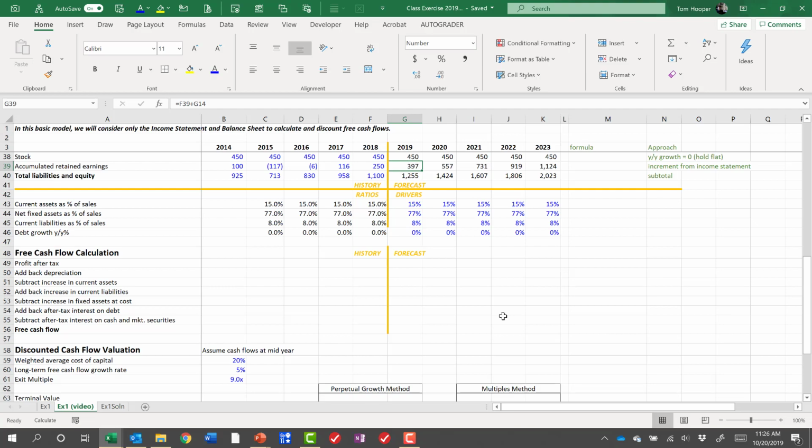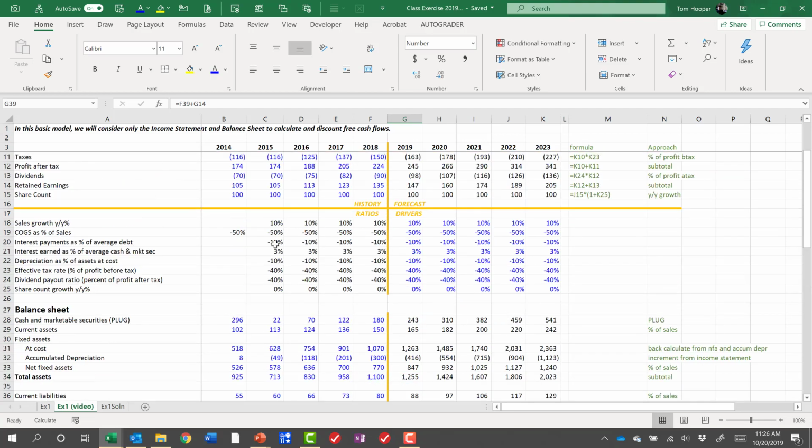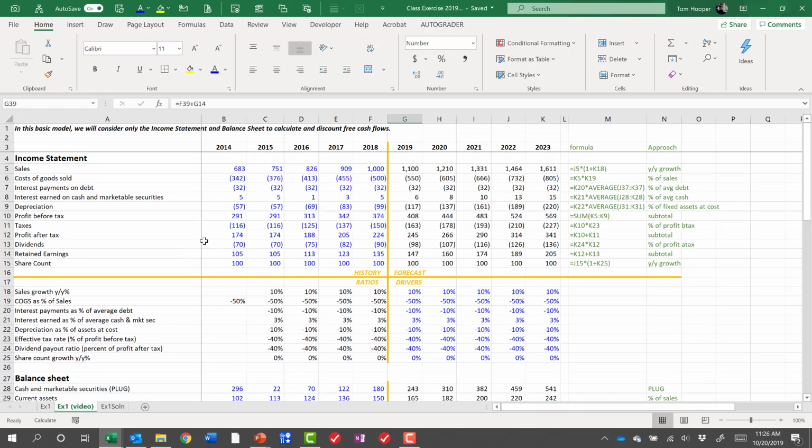The next step is to take the free cash flow, to get the free cash flow by beginning with the profit after tax. We don't begin with retained earnings because that's just taking some of the earnings and giving it to the shareholders. We could start with this and back this off, but that would get us to this number anyway.